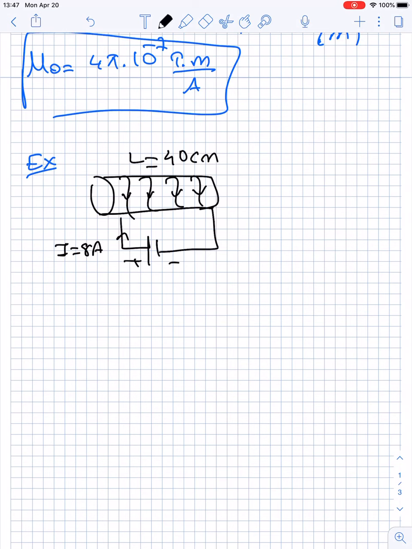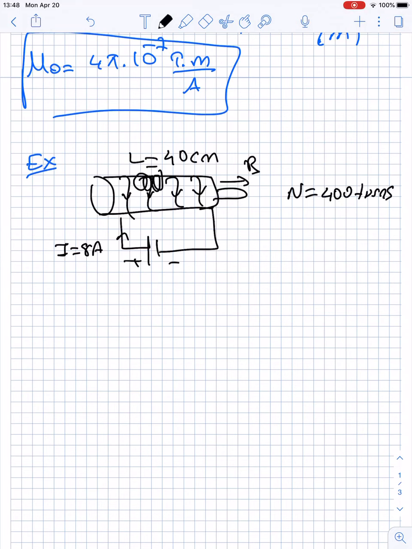My current direction is down like this. If I use my right hand, this is my thumb and these are my other four fingers, and my thumb shows the magnetic field.